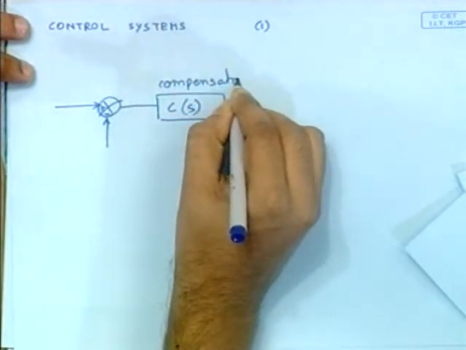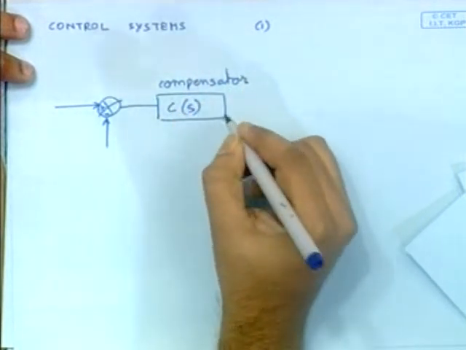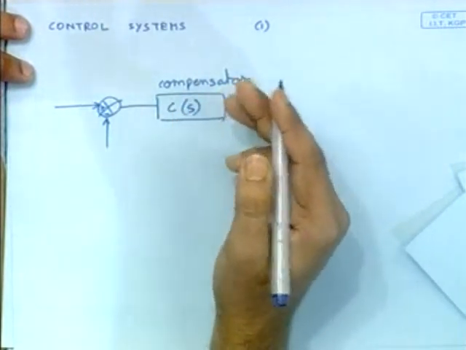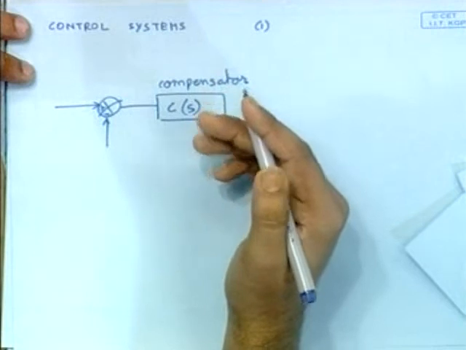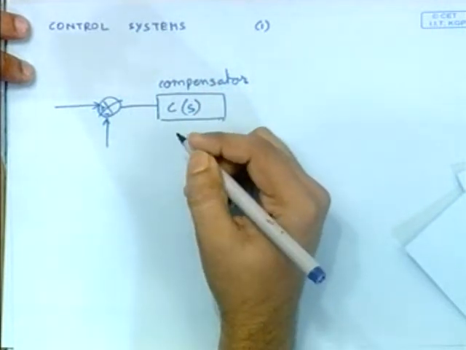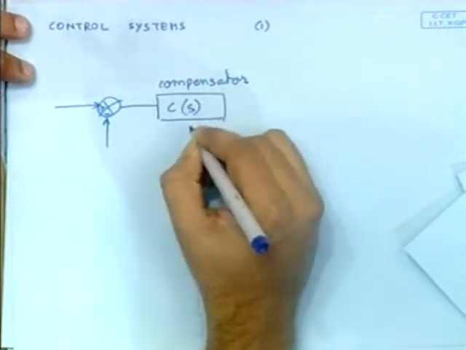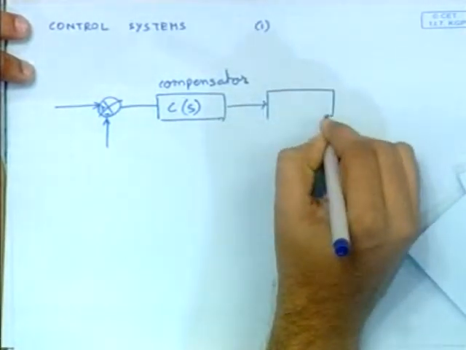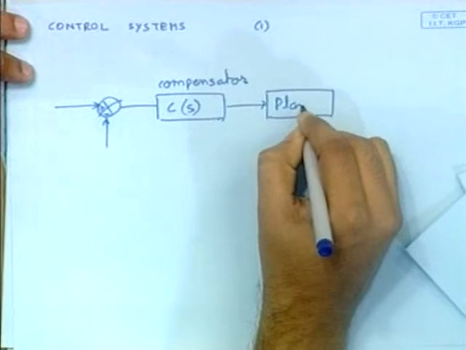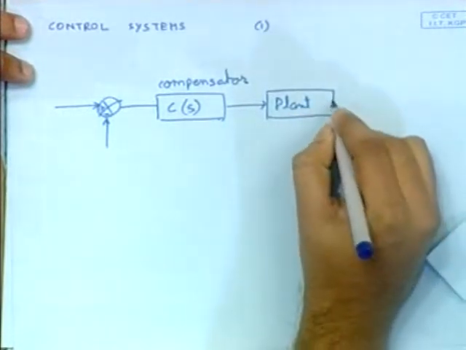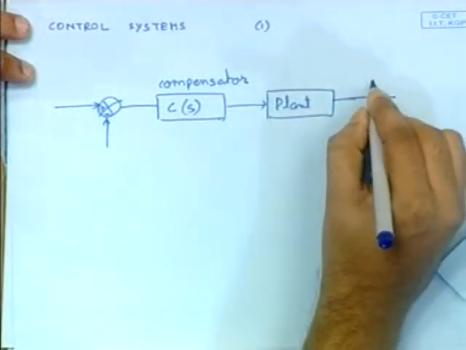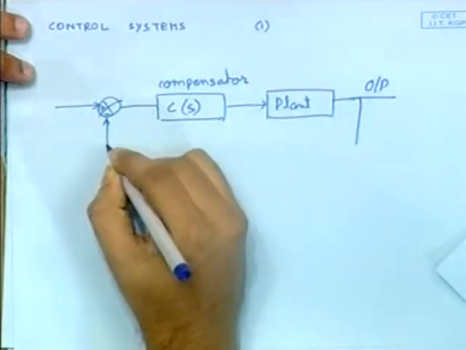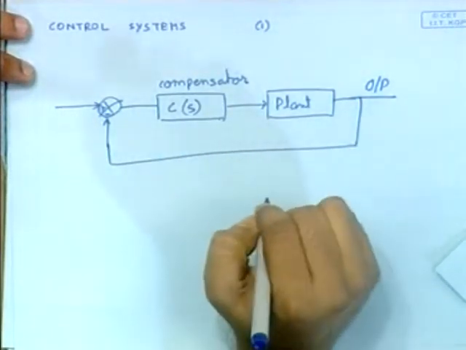You may note it down for reference, because I will be frequently referring to compensators and plants while I discuss my slides. You won't have this on the screen always. And then there will be something called plant. This is a general control system diagram that you will find in any control textbook. This will be the output, and then this will be feedback, right?